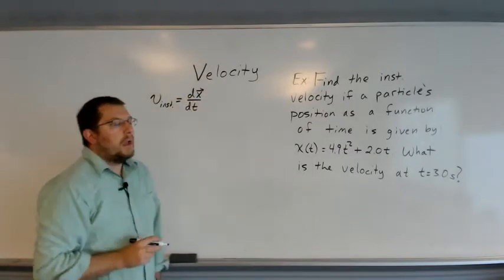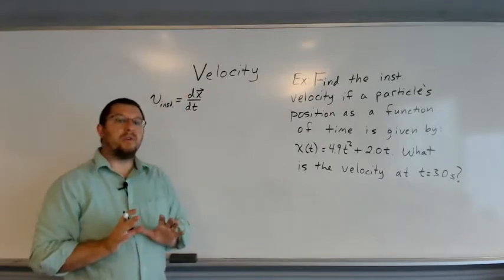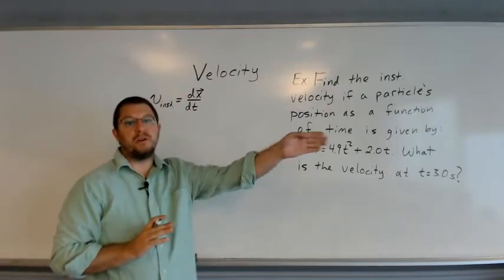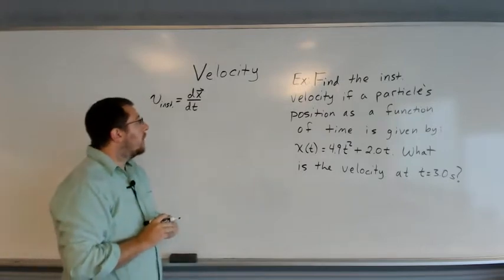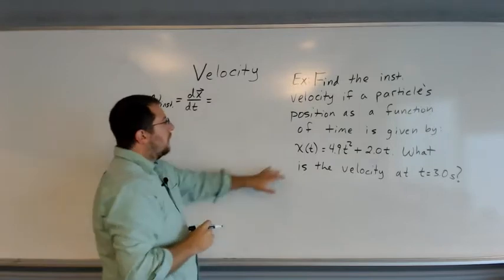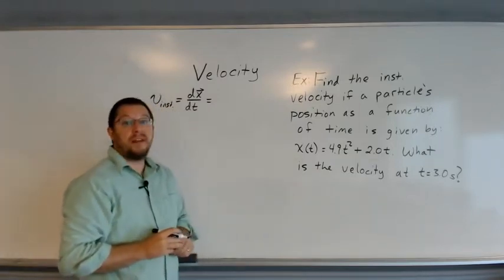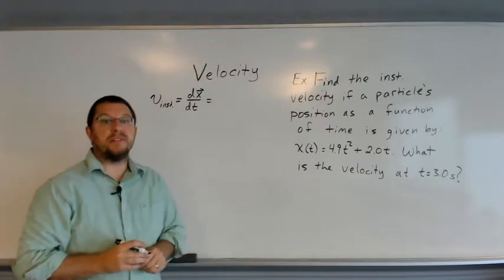All right, we have our position with respect to time, and again, we're going to assume the motion is along a straight line. All I need to do at this point is take the derivative of my position function.